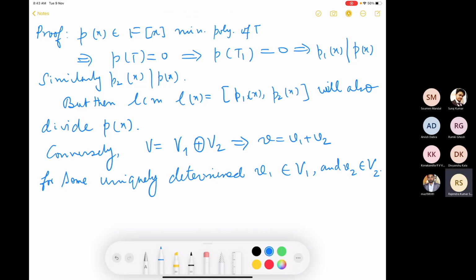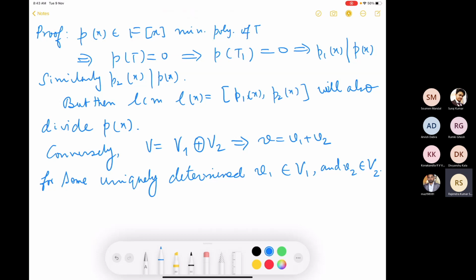Okay, so every element v in V can be written as the sum of v1 plus v2, and v1 and v2 are uniquely determined for a given v.